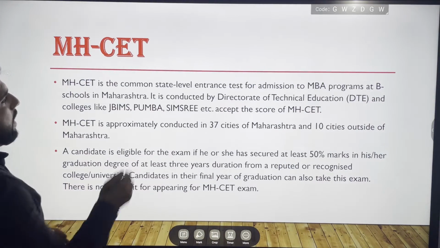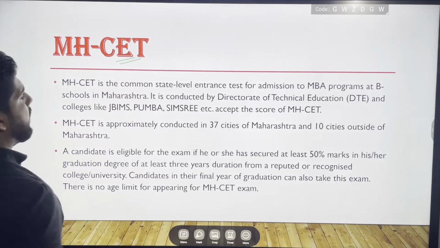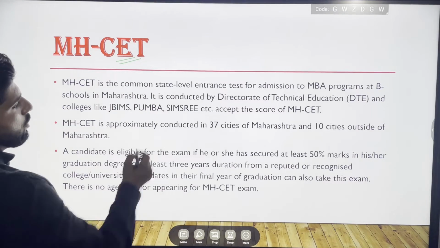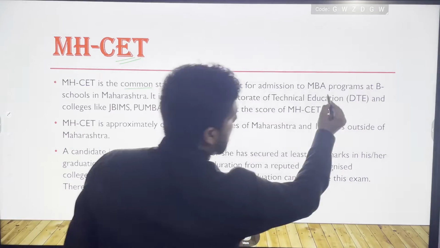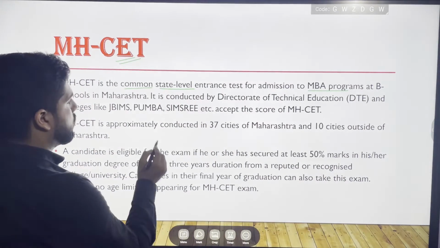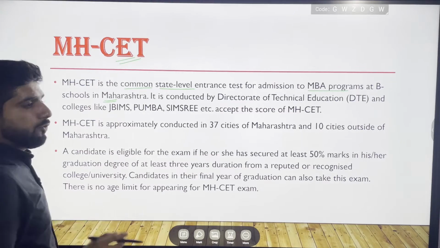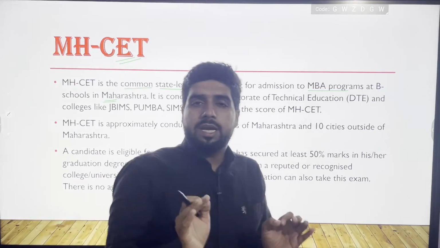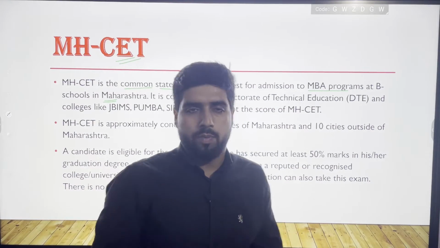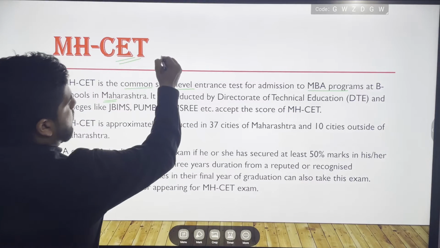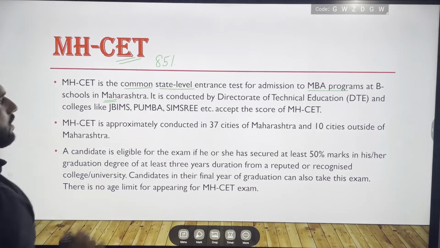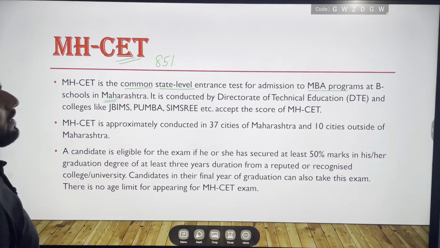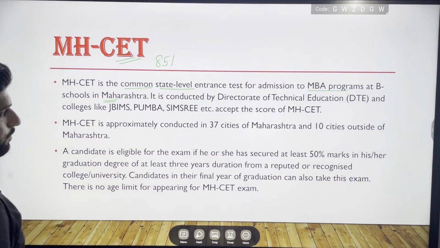Now next one we have MHCET, Maharashtra Common Entrance Test. It is the common state level entrance test for admission to MBA programs at B schools in Maharashtra. So for the candidates staying in Maharashtra, having Maharashtra domicile, in this exam 85% state quota is for the Maharashtra candidates and 15% for the other parts of India.